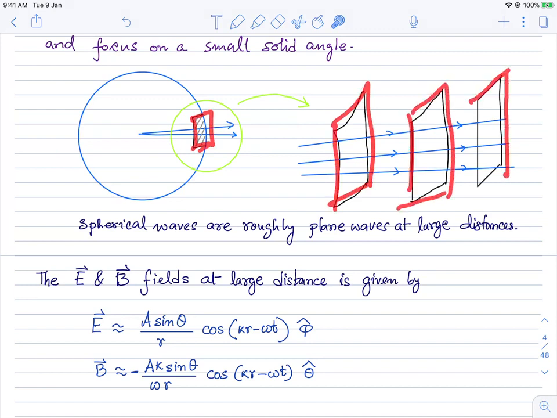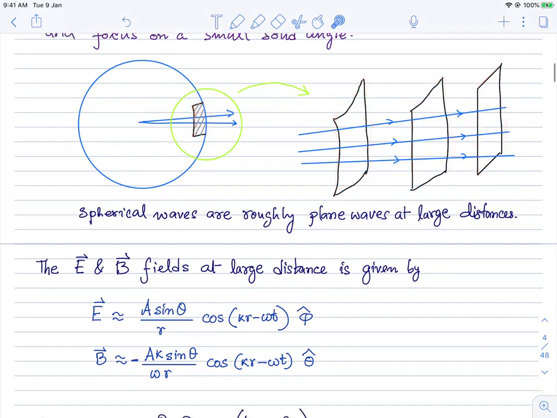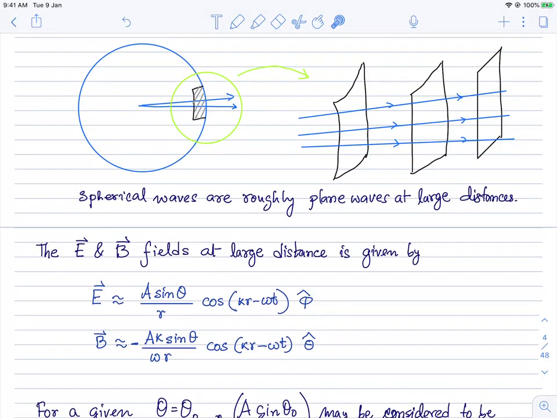Therefore, from a distance far, far away, these spherical waves would seem like they can be well approximated by plane waves as well.